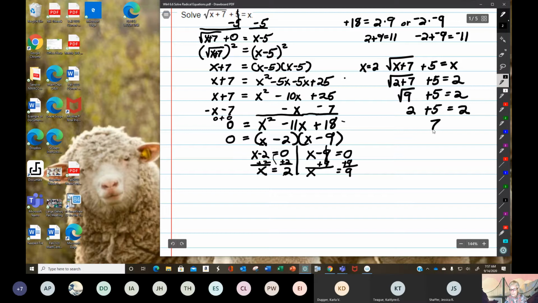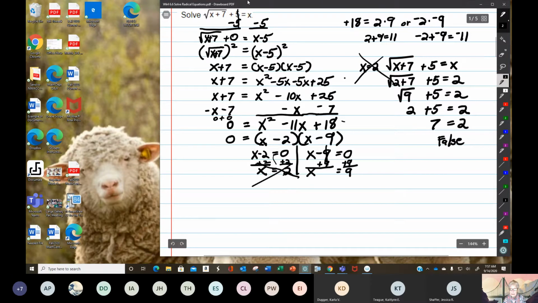Oh well. 7 doesn't usually equal 2. In fact, it never equals 2. So, that being the case, false. We are going to have to say nope. X equals 2 is not one of the answers.